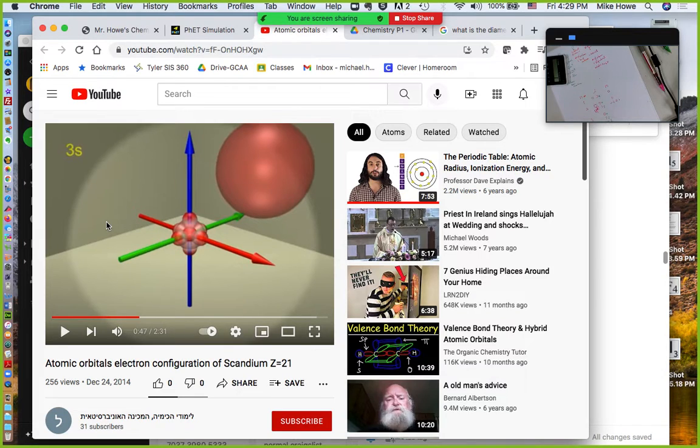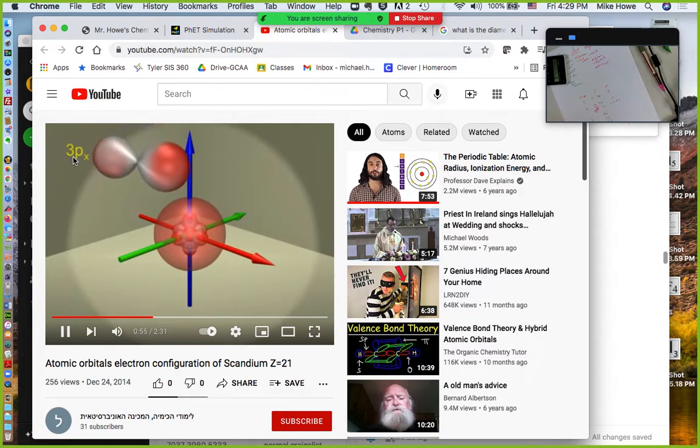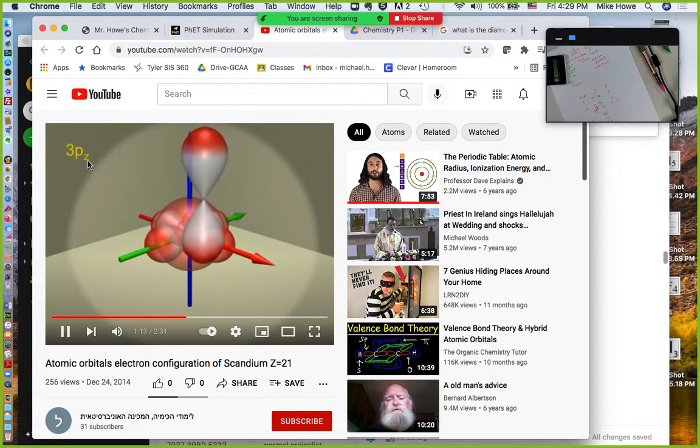So now we go to the 3s. n equals 3, L equals 0, m has to equal 0, so we don't have an x, y, z component. This is n equals 3, L equals 1, m equals negative 1, because that's on the x-axis. Then same thing, except now m equals 0. n equals 3, L equals 1, m equals 0. And then n equals 3, L equals 1, m equals positive 1 for the z-axis.